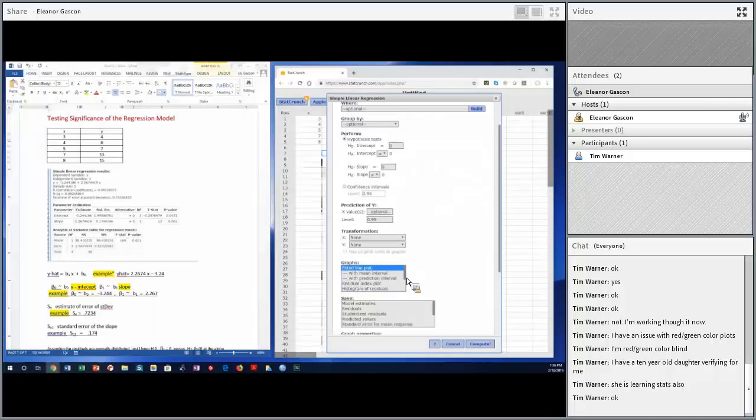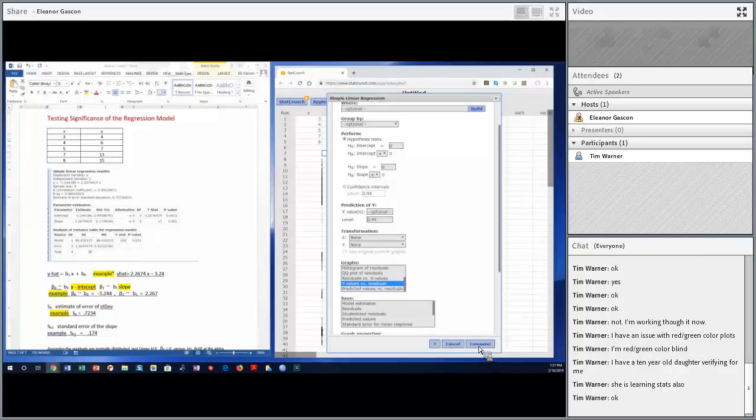And we can always come back. Remember, fitted line plot will give you what you need, and residuals. I'm going to do these all at once so that I have them. Residuals, fitted line plot. I don't want all of them, I just want those two, so I'll hold my control key down. And residuals. I think I got them all.